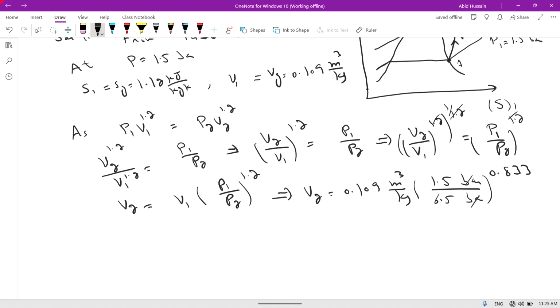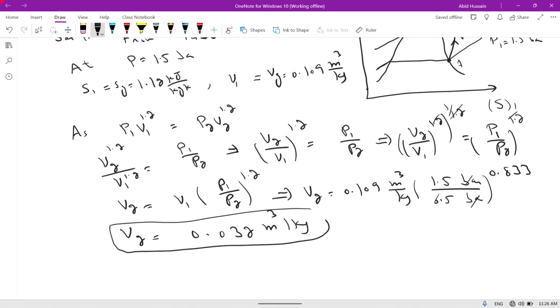The bar cancels with the bar. So V2 is equal to 1.5 divided by 6.5, then take the power 0.833 and multiply by 0.109. The final answer for V2 will be 0.032 meter cube per kg.